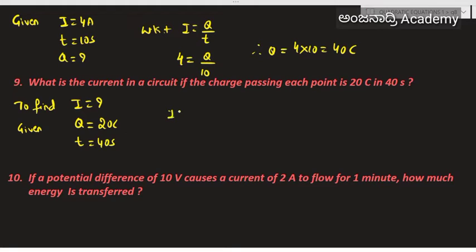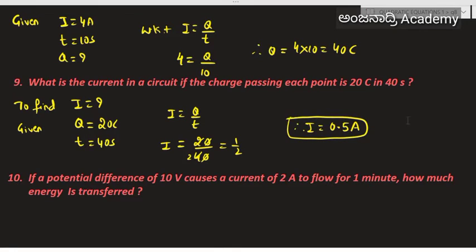We know that I is equal to Q divided by T. 20 divided by 40, that is 1 by 2. Therefore I is equal to 0.5 ampere is the answer for the given question.